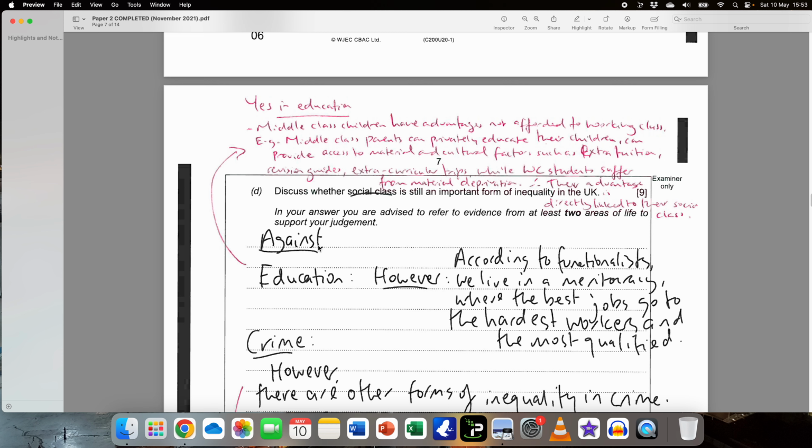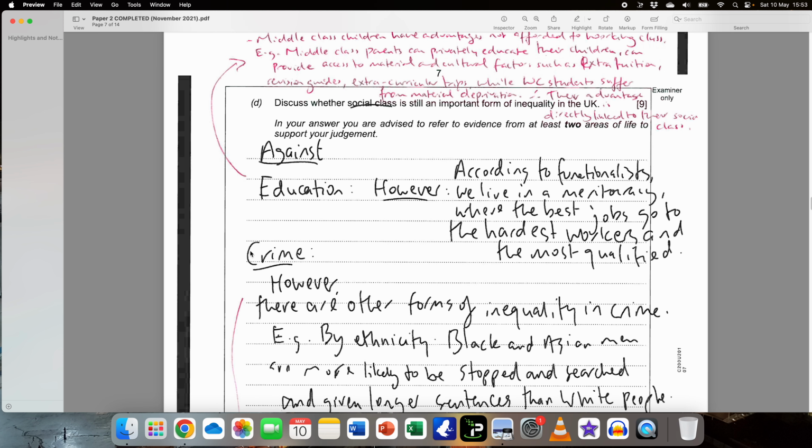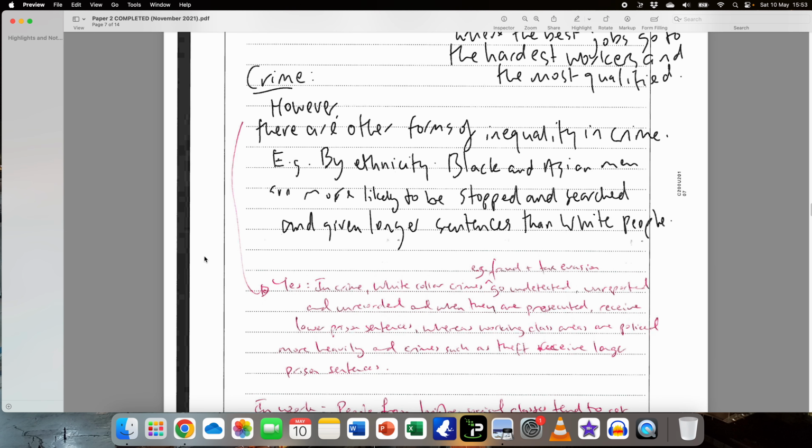Discuss whether social class is still an important form of inequality in the UK. Well, I'm going to say yes. In crime, it is still an important form of inequality because white-collar crimes, for example, fraud and tax evasion, go undetected, unreported, and unrecorded, and when they are prosecuted, receive lower prison sentences, whereas working-class areas are policed more heavily, and crimes such as theft receive longer prison sentences.